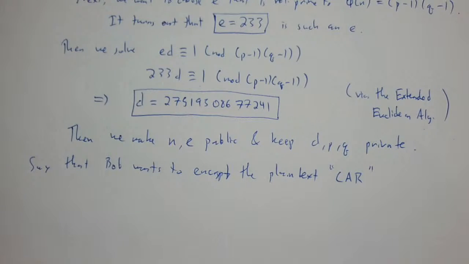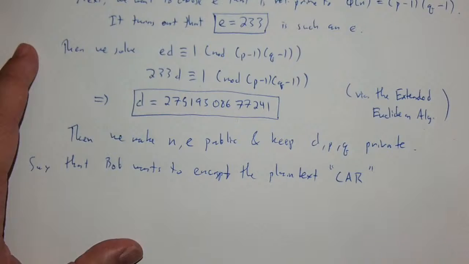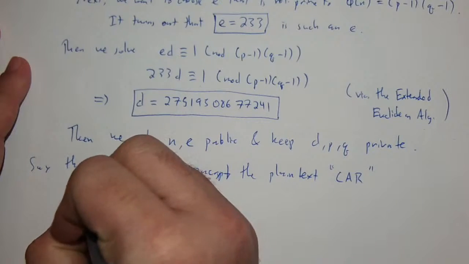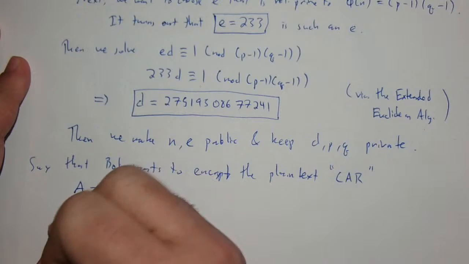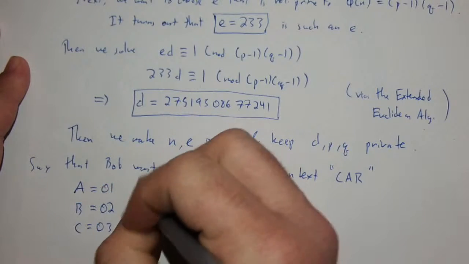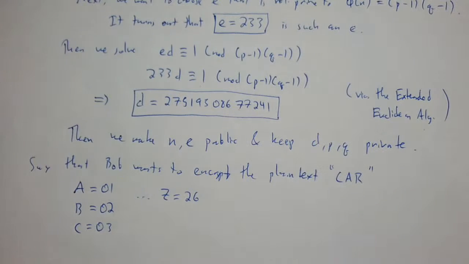So we would need to rework this assignment of number values to letters in a way that doesn't have any of the individual letters getting dropped. So to do that, we just say let A be 01, let B be 02, let C be 03, and so on until Z is 26, right? So 2-digit numbers like that. Okay.